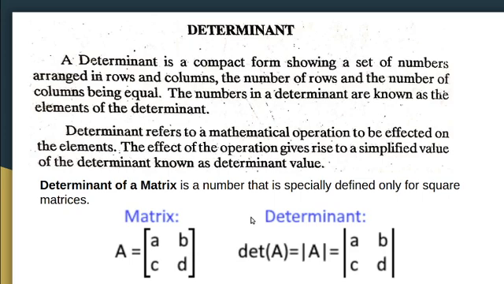In that case there will be an equal number of rows and columns. After the operation of a determinant on a particular matrix, finally we will get a simplified value, known as the determinant value. That will be a scalar quantity. A simplified number will be the final determinant value.